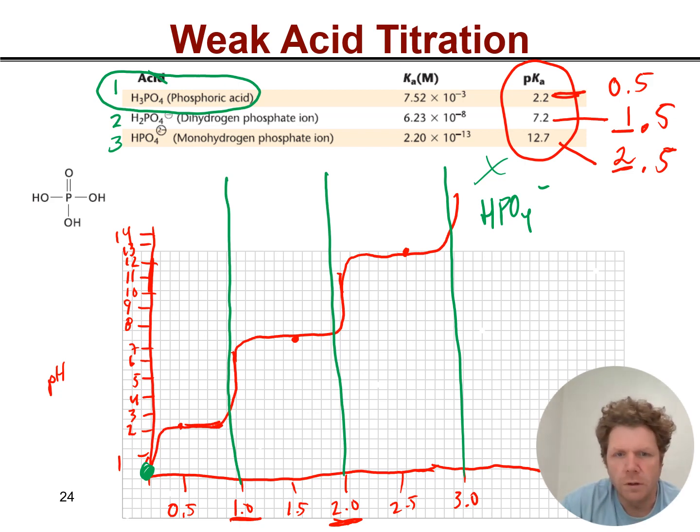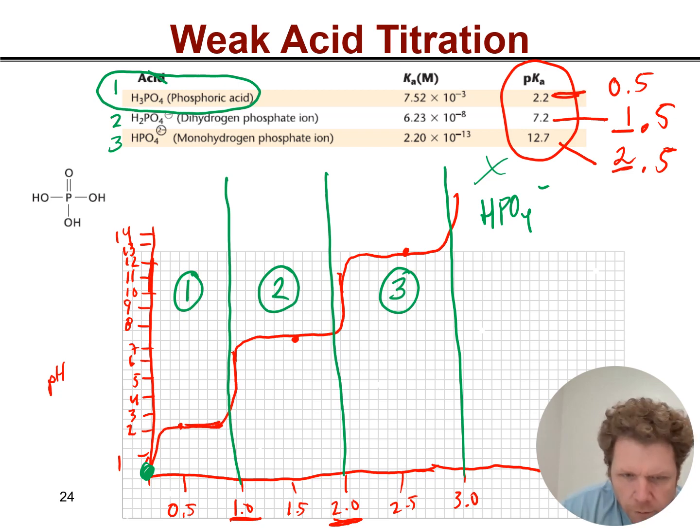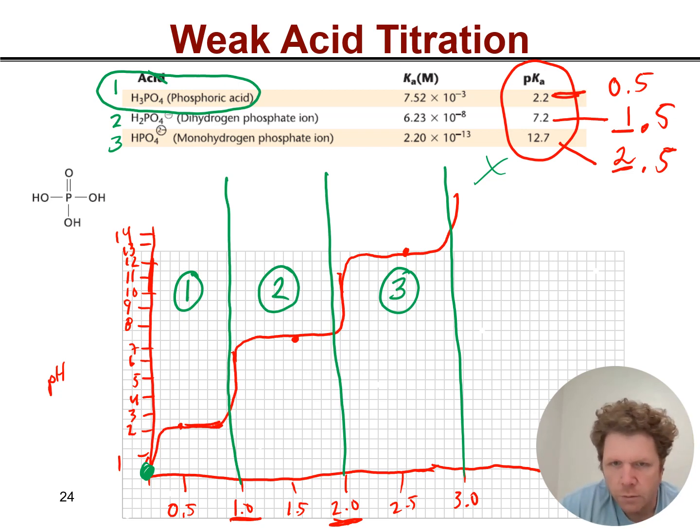Now, the different places in this titration curve, I'm going to label them as 1, 2, and 3. Now I'm going to do some erasing. I'm going to get rid of that HPO4. I'm going to get rid of this right here.